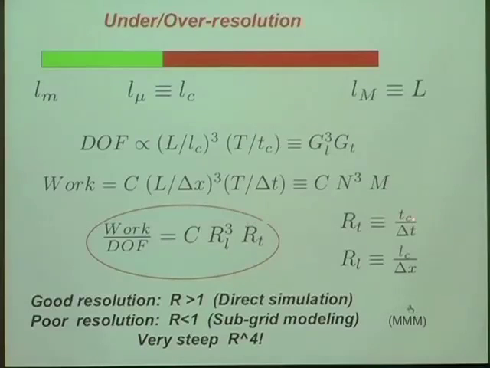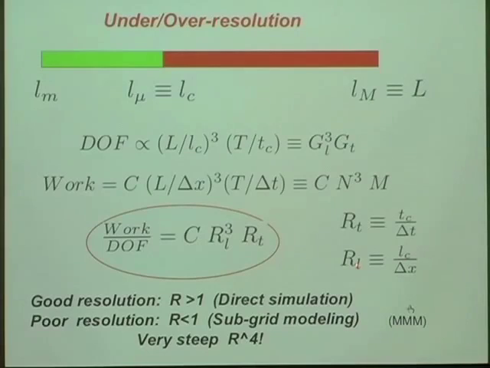This is nothing but the ratio of the coherence time or coherence length versus the delta x that you can afford on your computer. Obviously, if this number is big, it means that you can put many grid points to resolve your coherence length, so your calculation is very well resolved.